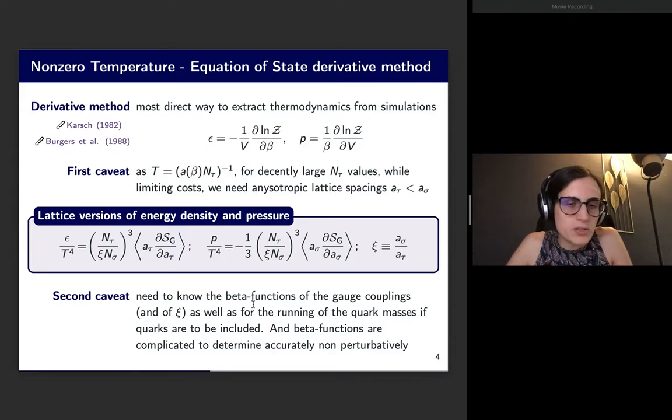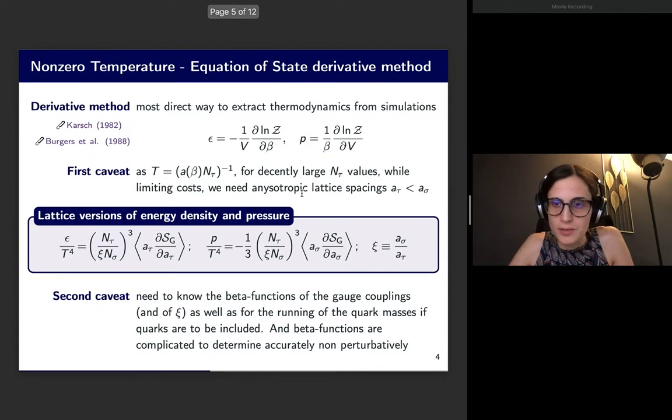And if I had to mention a third caveat still about this method, it would be that things are becoming more complicated because of the fact that you have more free parameters that you have to tune in your simulations to, for example, stay on some line of constant physics and make sure that while you take the continuum limit, you are always computing the energy density and the pressure on that line of constant physics, such that the renormalized masses of bound states and particles are kept constant.